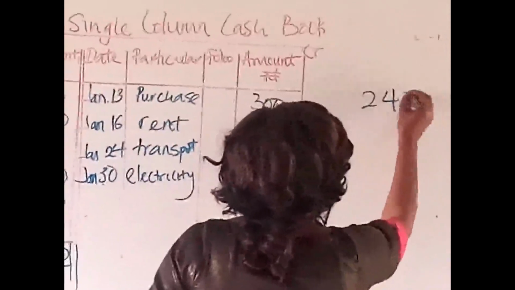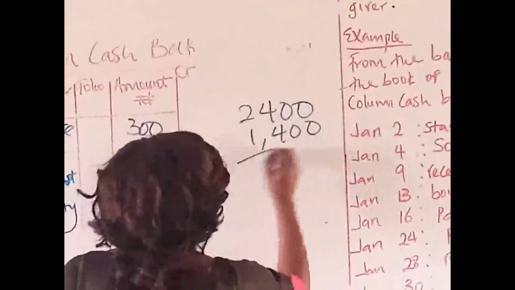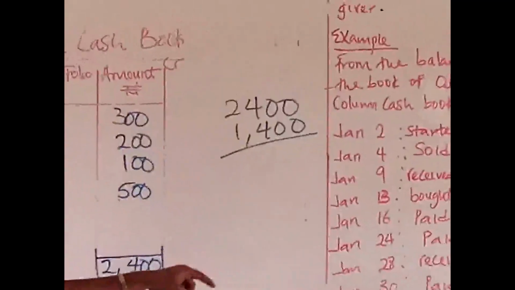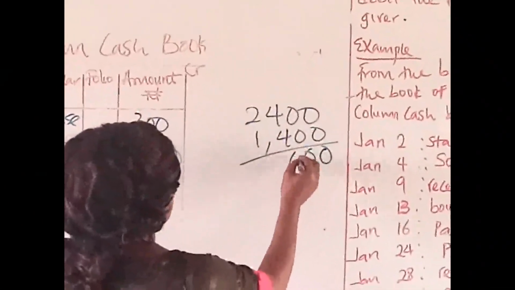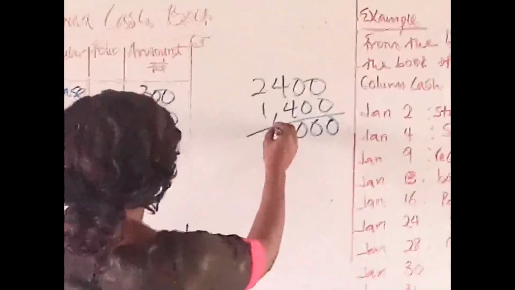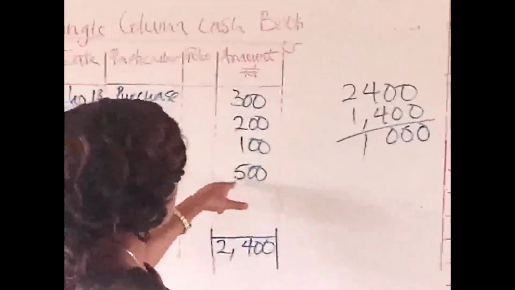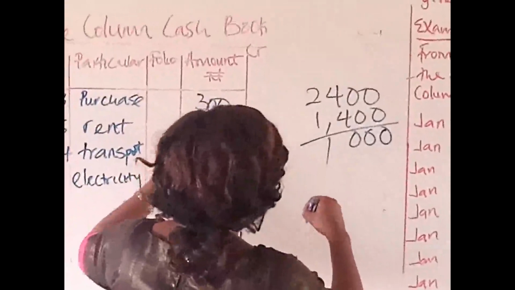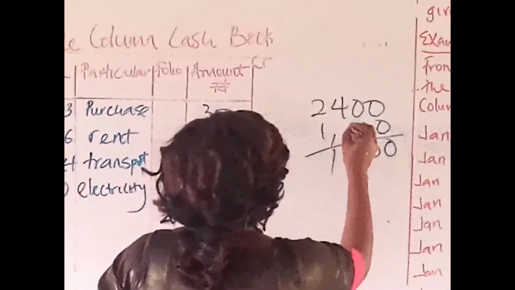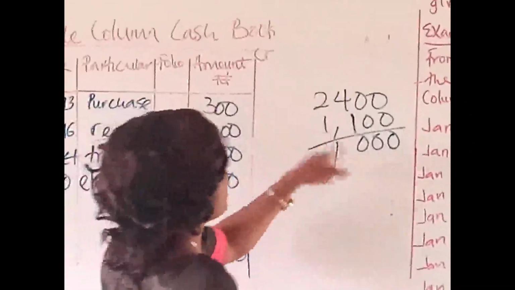In a rough sheet, don't write it inside your ledger direct. You want to find out the difference. Let's do it: 0, 0. 1, 1. Sorry, 1, 1. 2, 4 minus 1, 1.